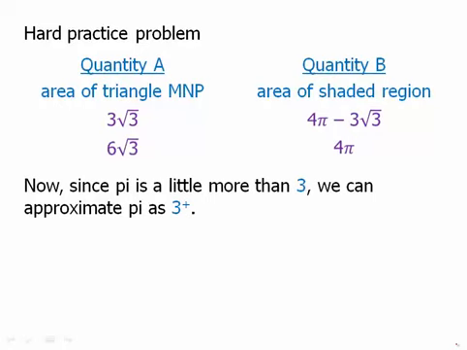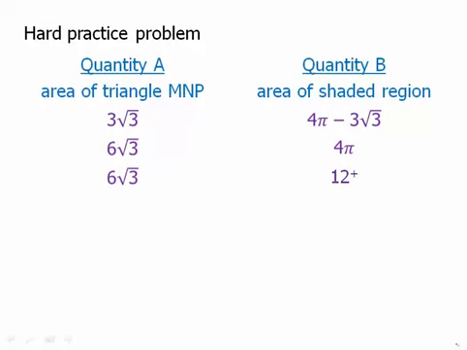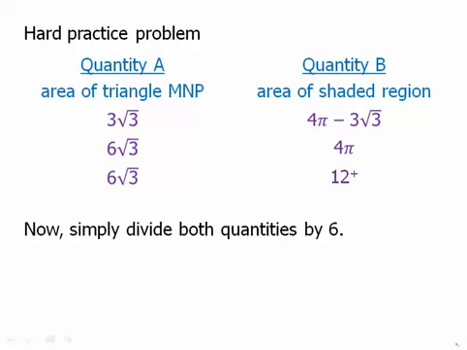Now pi is a little more than 3. We can just approximate pi as 3 with a little plus sign. I'll write it, 3 plus, something slightly bigger than 3. And so this means that 4 times pi would be 4 times something slightly bigger than 3, which is something slightly bigger than 12. So now we're comparing 6 root 3 to something slightly bigger than 12. Now simply divide both sides by 6.